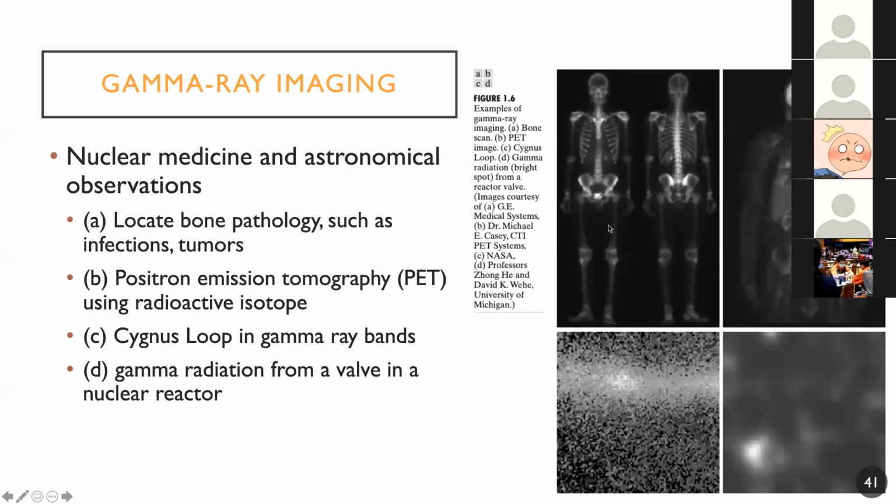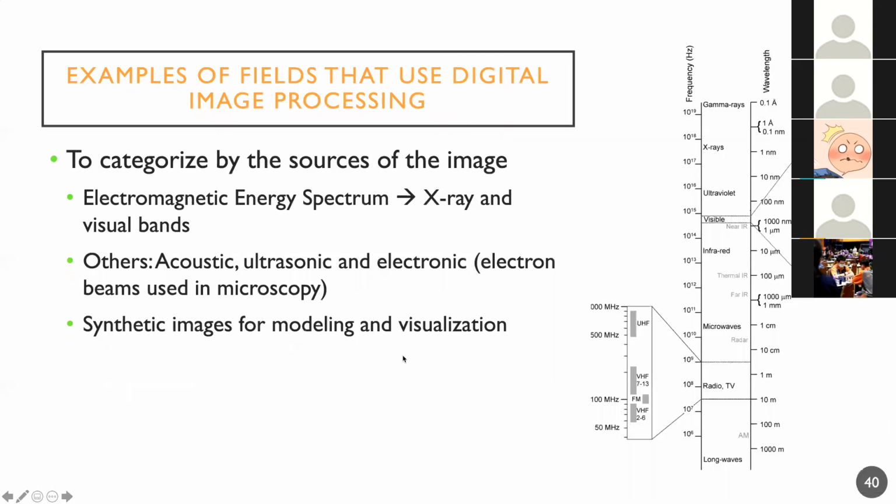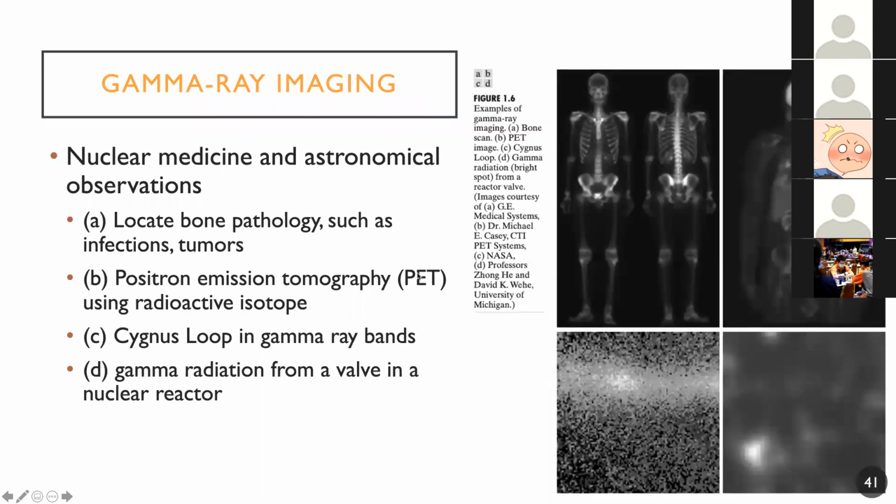Some other modalities, and when I talk about modalities I mean images from different sources. For example, you can create an image from visible light, that's one modality, or another modality from gamma ray or X-ray. There are some keywords that I just want to let you know. Some other modalities are called PET, or positron emission tomography, or you may have heard of it as a PET scan.